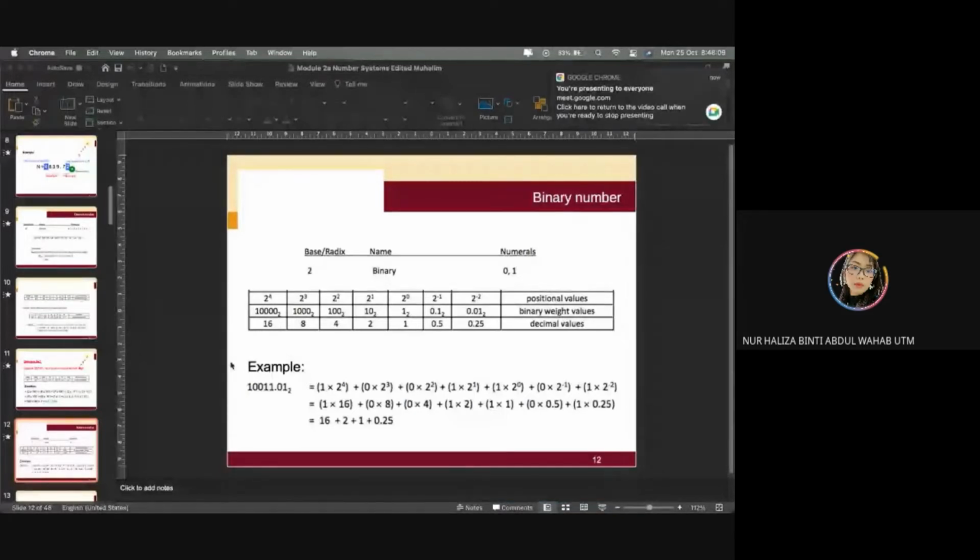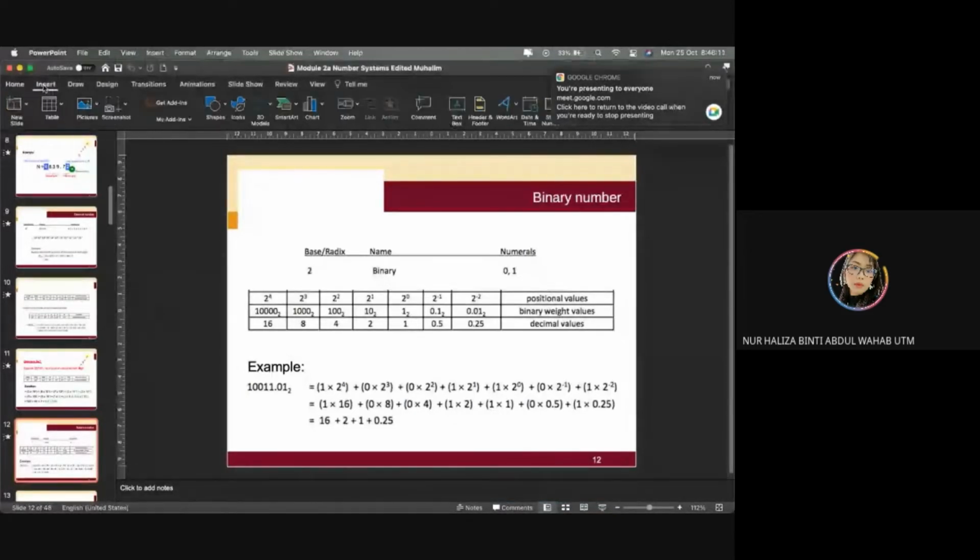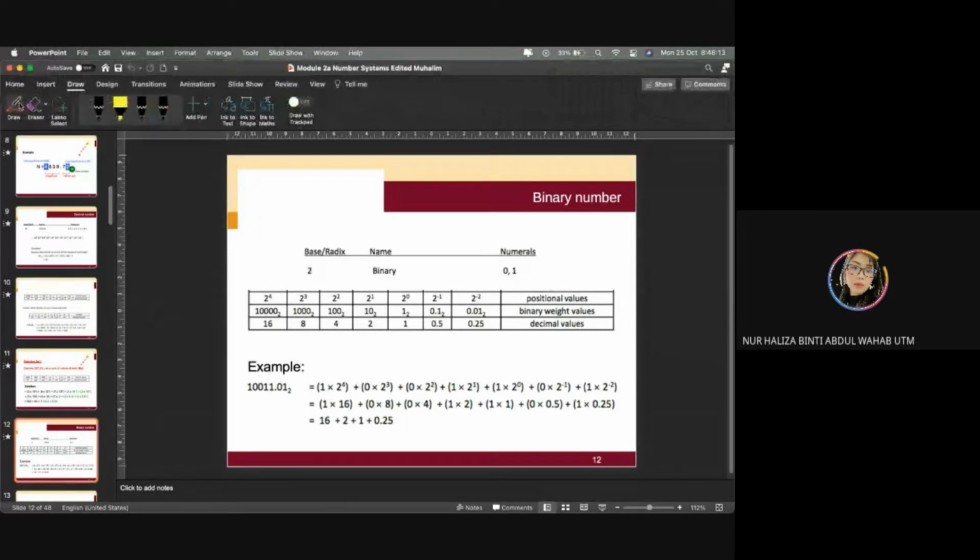Yes, okay. What is the value of 1011 base 2 in decimal?